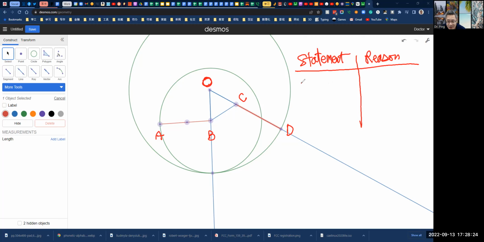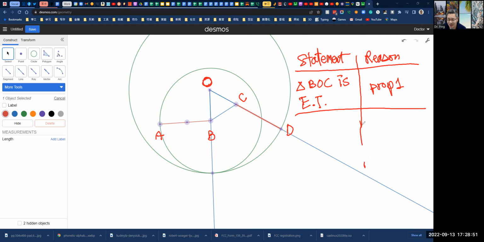So the triangle BOC is an equilateral triangle, which is our proposition 1, that we proved. So that's our first statement.